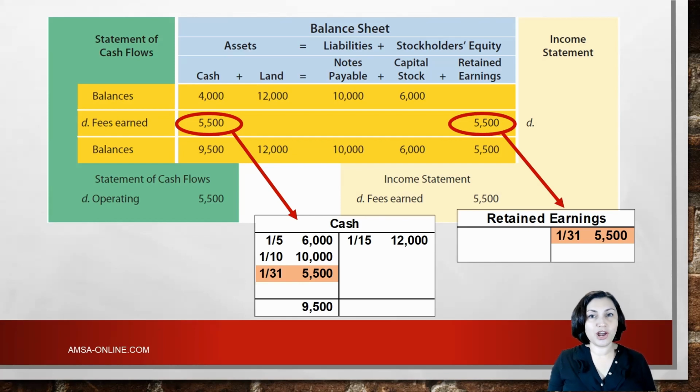Increases in revenue account are shown on the credit or right side of the ledger account. So $5,500 is placed on the credit side of the revenue account. Since revenue is a part of retained earnings, we use the retained earnings account here for simplicity.